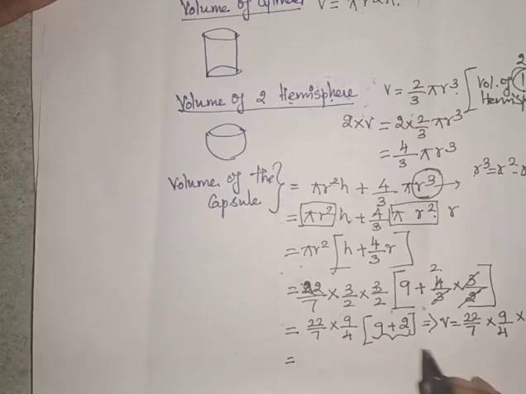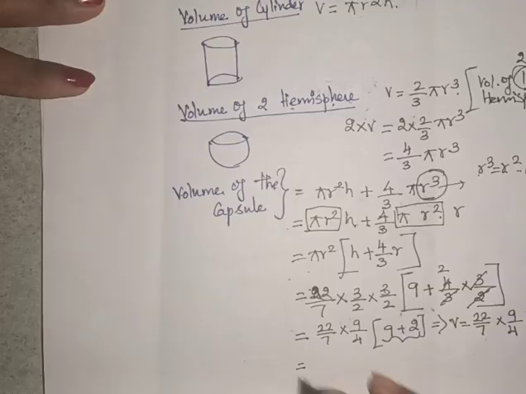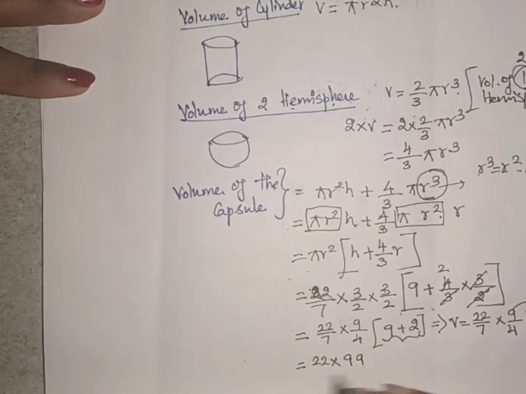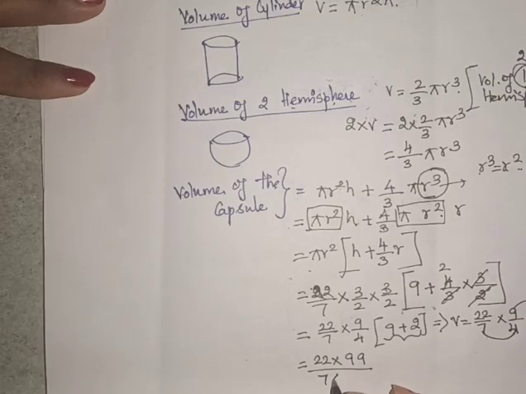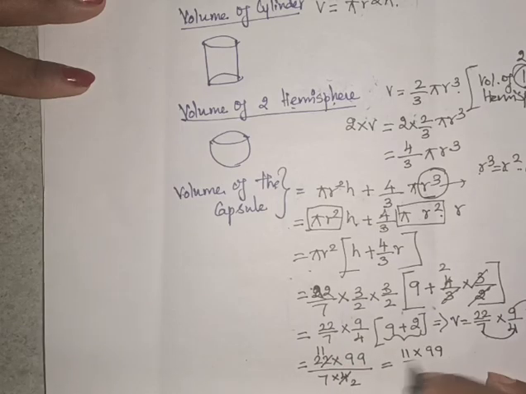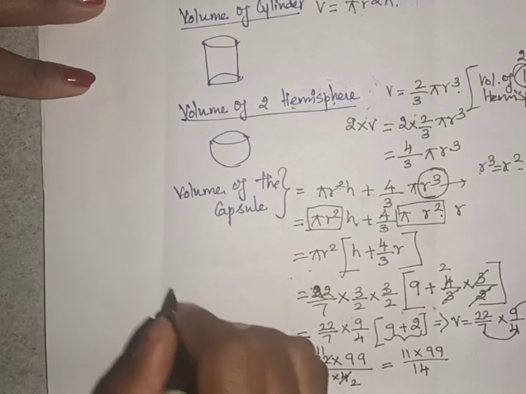Equal to 22 into 9, 11s are 99, divided by 7 into 4. In 2 tables 2 times 11 times. We get 11 into 99 divided by 14.